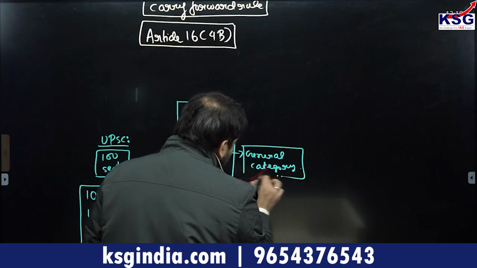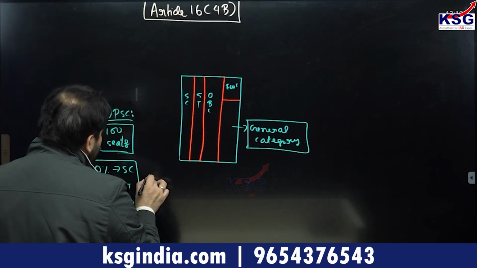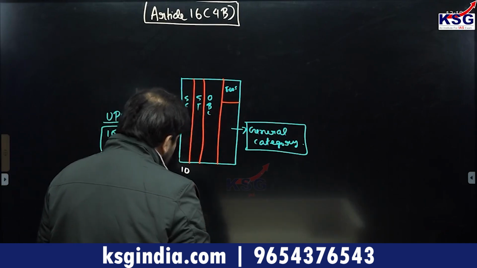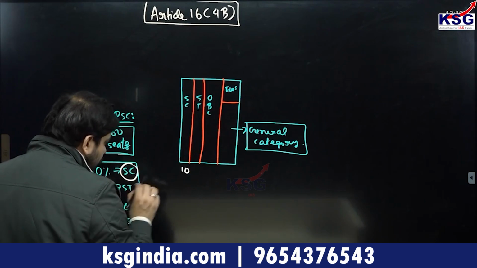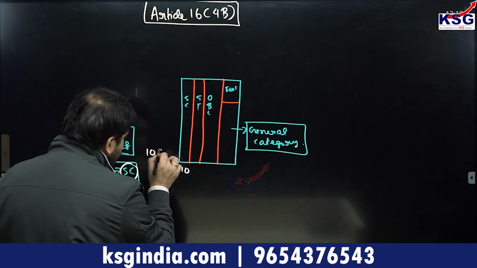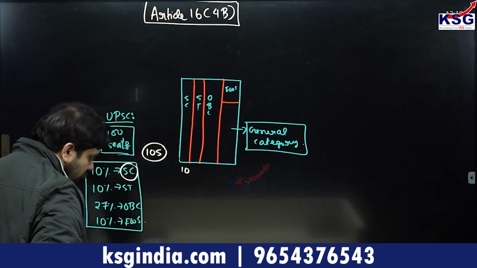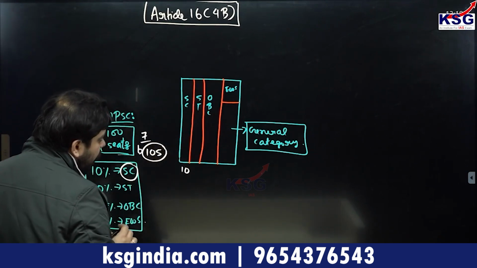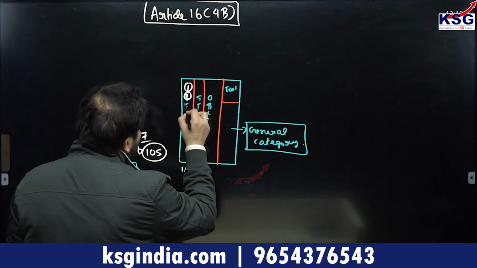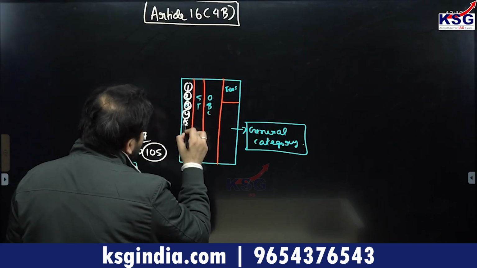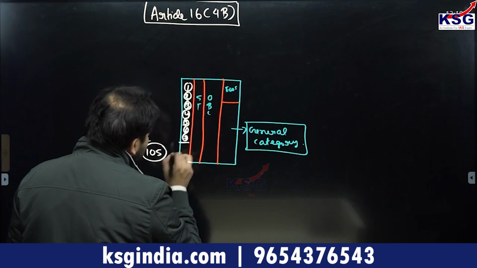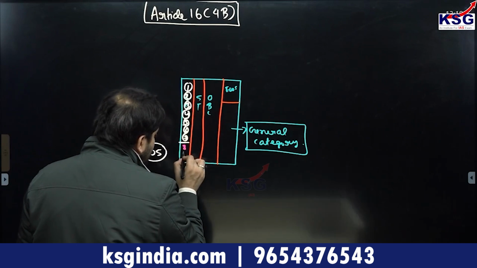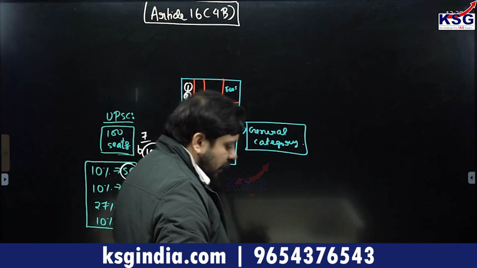Okay, now we are talking about the carry forward rule. Let's say you have 10 seats for the SC category, and the cutoff for the SC category was 105. But only 7 people from the SC category could reach this cutoff. So only 7 seats were filled out of 10, and seats 8, 9 and 10 were left vacant.